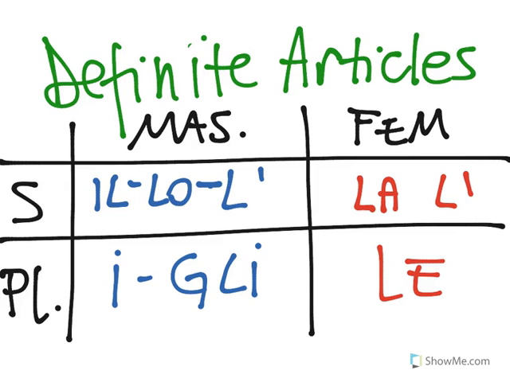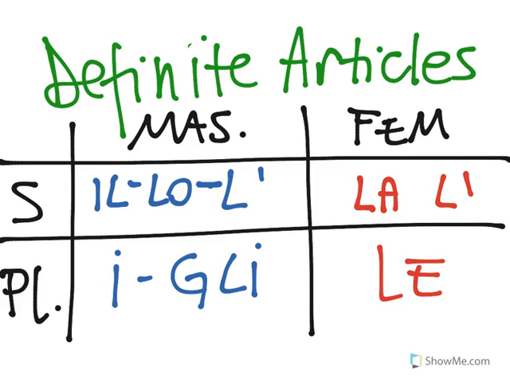When do we use these three different articles? Usually we will use il, so if we have the noun ragazzo or bambino, we will precede that noun with the article il.